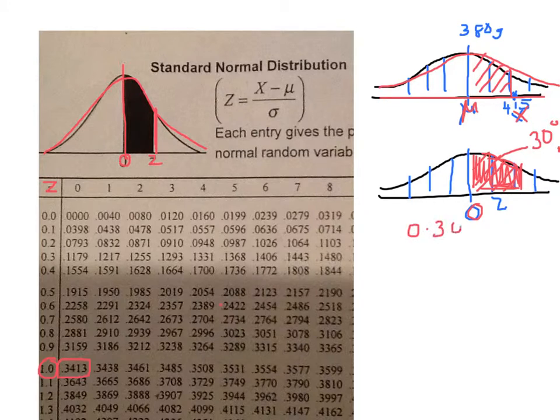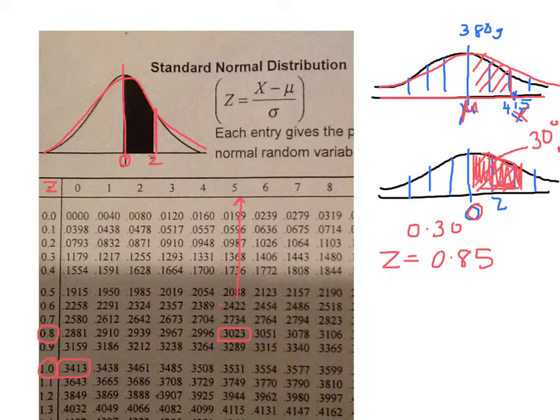What's the closest I can find to 0.30 in the middle of the table? I can see 0.3023. That's probably as close as I'll get. So then I go to the Z value: 0.8, and then I also add on the 5 above. So you go across first, 0.8, and then 5 above is the Z value.